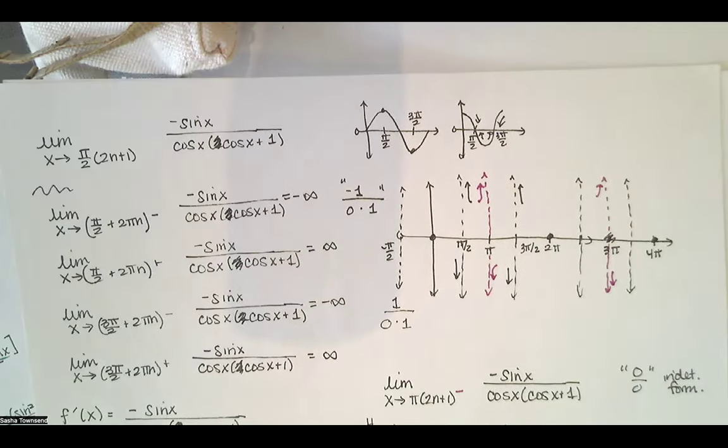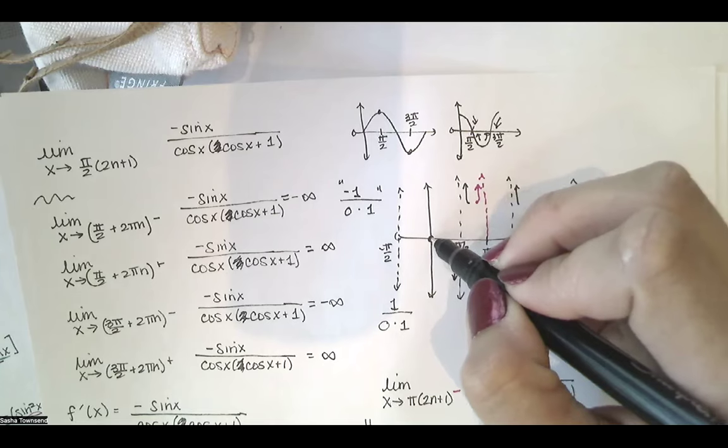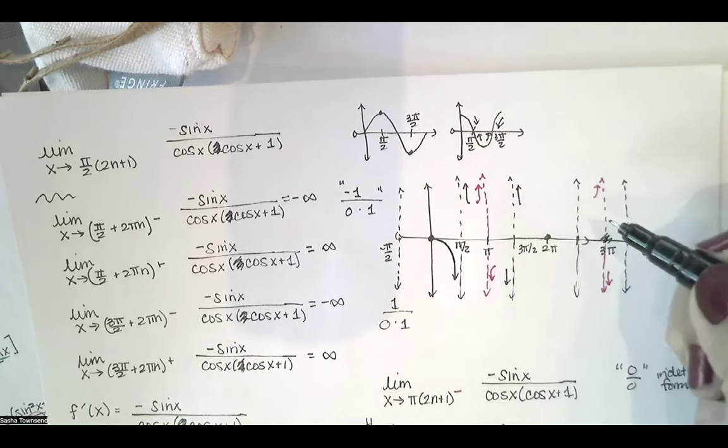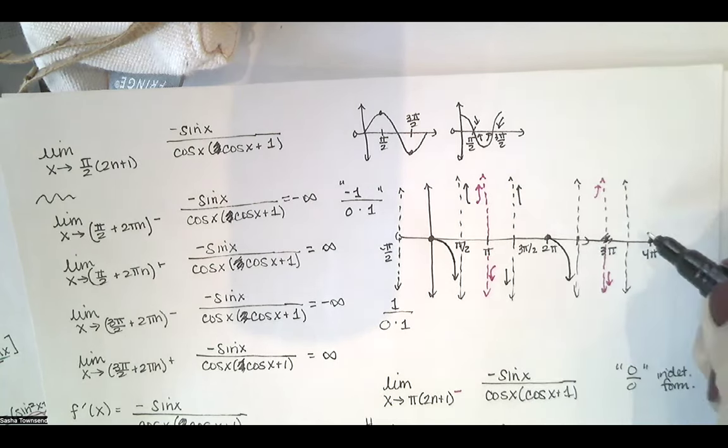And of course, these patterns repeat. Now we know that the function is 0 here, so I'm just going to extend that graph. And then it repeats every 2 pi.